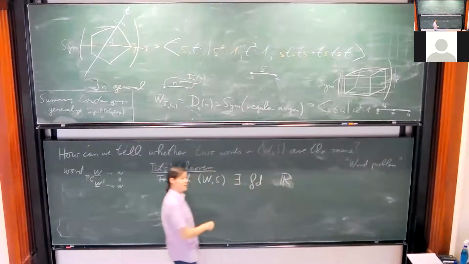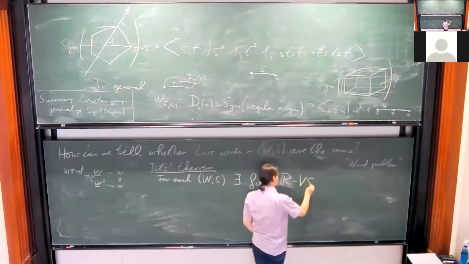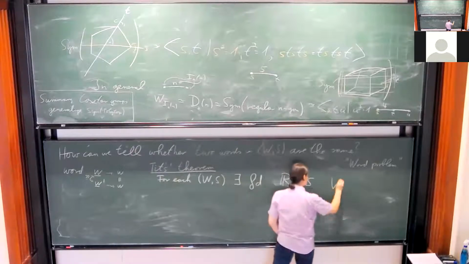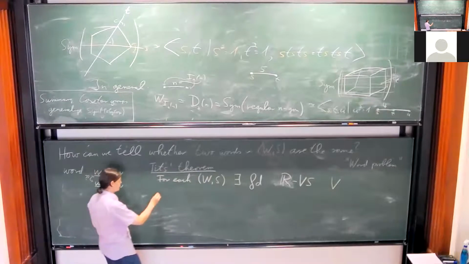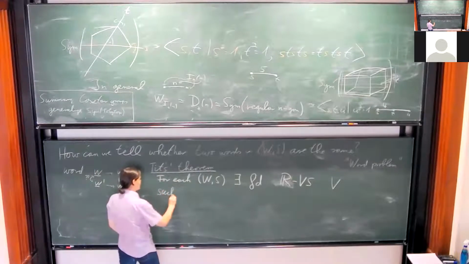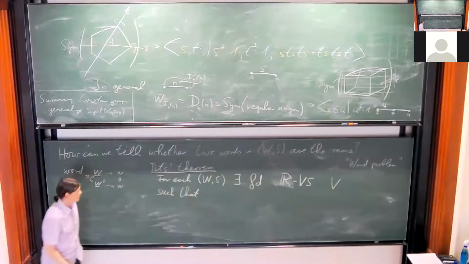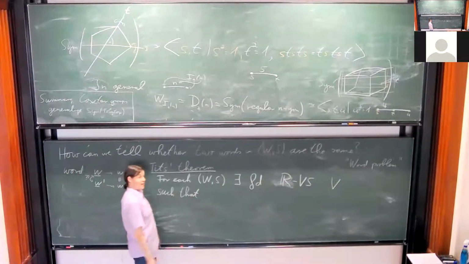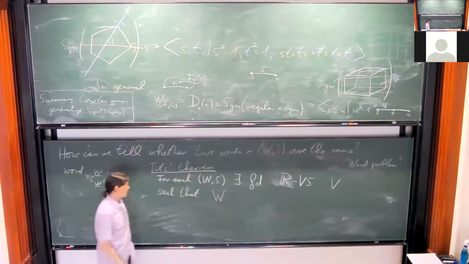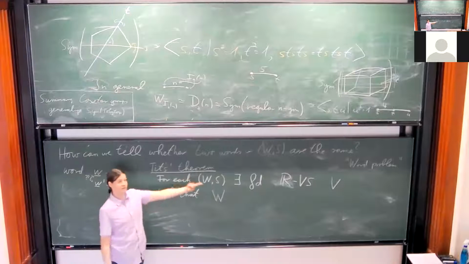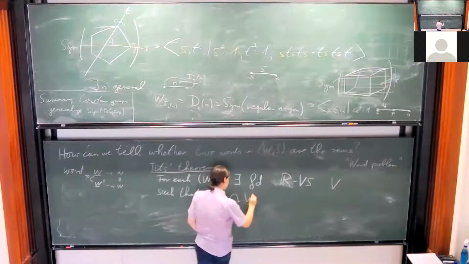And you will see where the real numbers come up in a second. Let me call it V, such that, let me just write the abstract nonsense and then I explain what is actually happening, such that W acts faithfully on V.